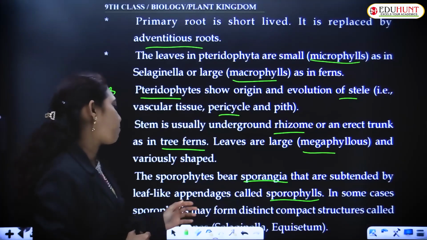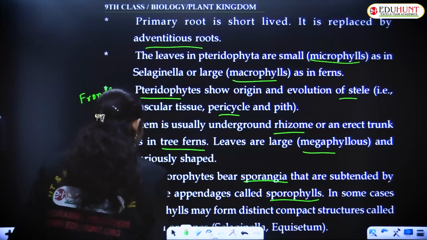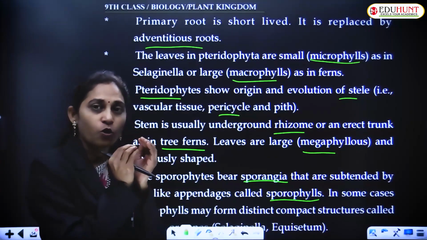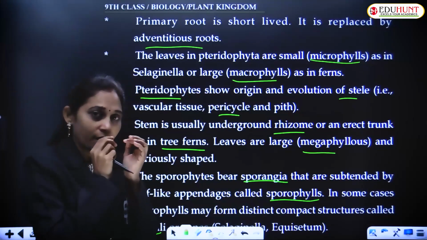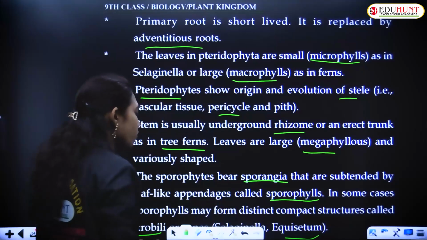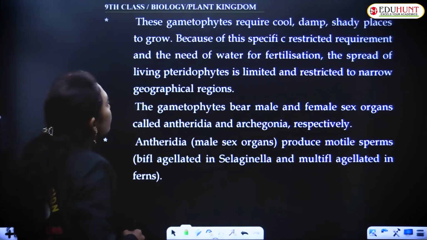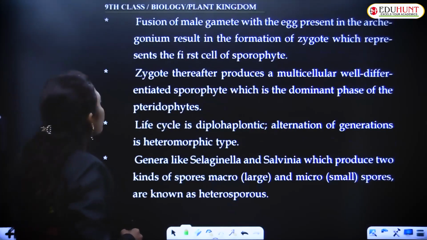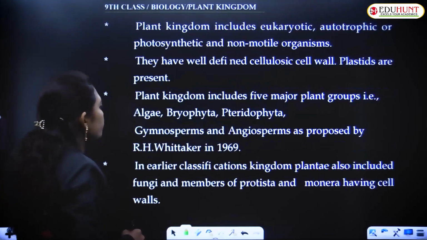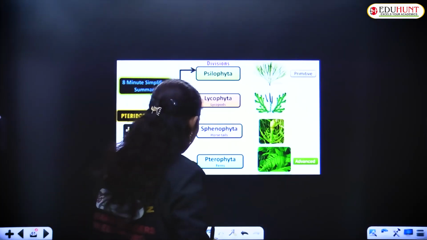In some cases, these sporophylls may be distinct, compact structures called strobili or cone-like structures. Sometimes the sporophylls aggregate into cone-like structures, the strobilus. Example, Equisetum. I'll show you the Equisetum picture. This is Equisetum.